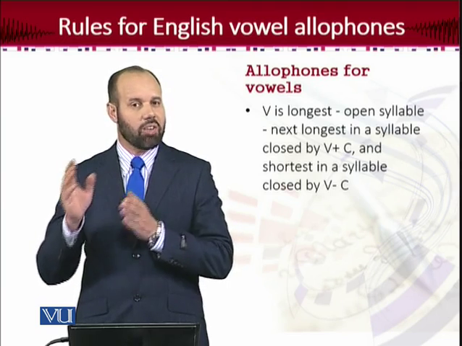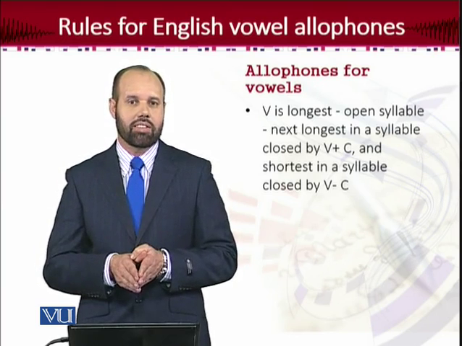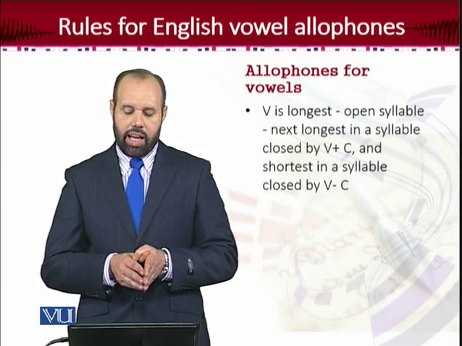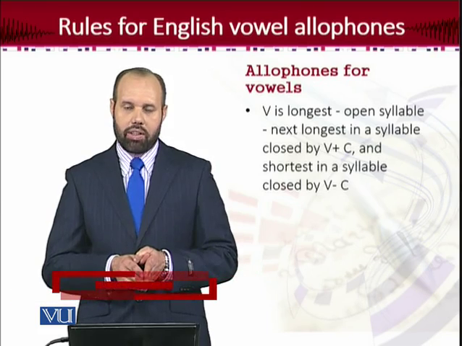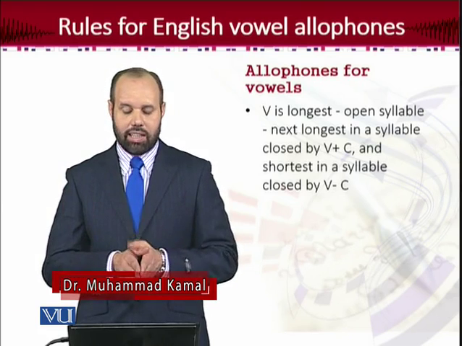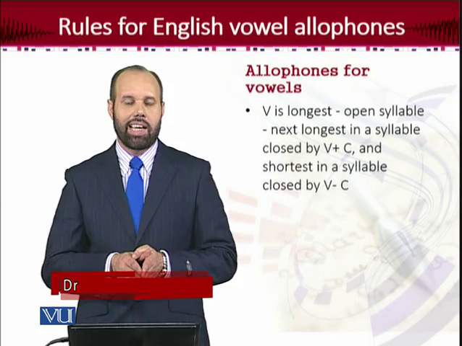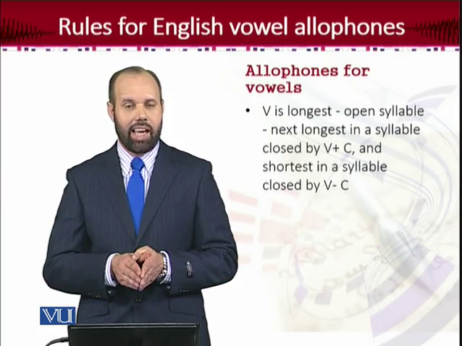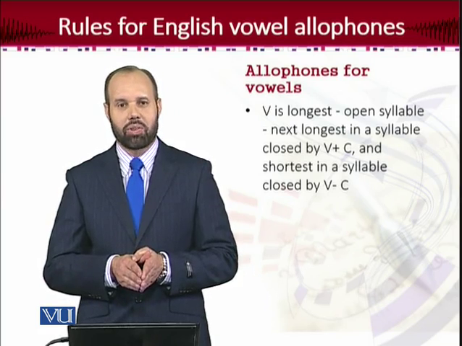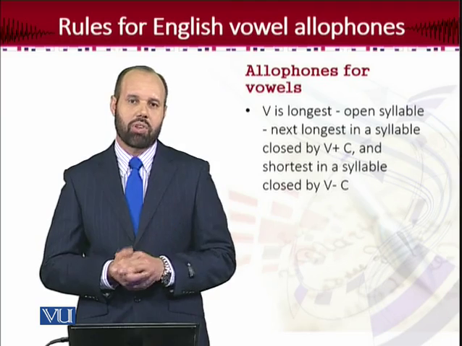And the shortest form, when everything else is similar, is when it is in a closed syllable and the closing consonant is a voiceless consonant, right? So these three forms are involved for the shapes of vowel.